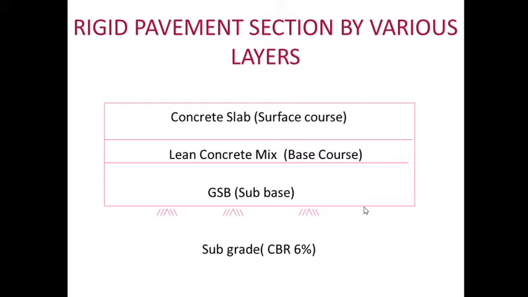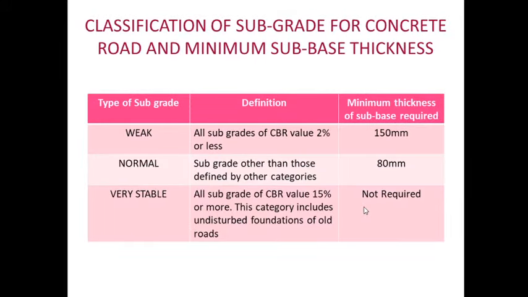Then the various design parameters are the classification of subgrade based on the CBR value. If the CBR value of the subgrade is less than 2%, it is called weak subgrade. For a weak subgrade, a minimum 150 mm thick subbase is required.